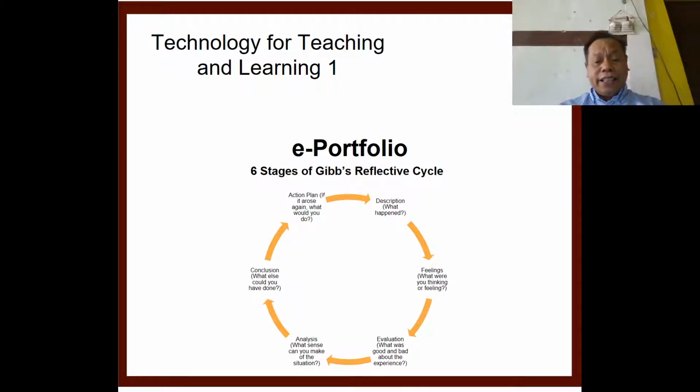The first is description, which means what happened. What is the topic, what is the event, or what is the activity. The second stage is your feelings. What were you thinking or feeling when you face or when you listen to a lecture, when you do something.